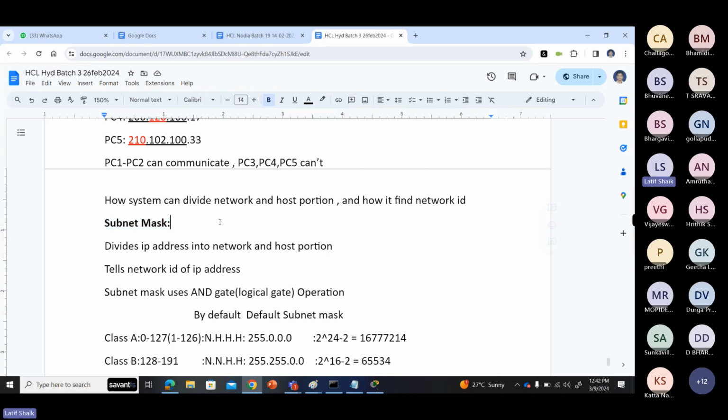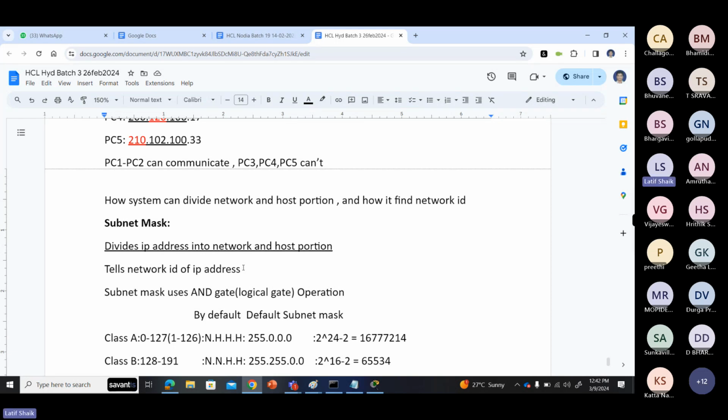Using the subnet mask, the system divides your IP address into network and host portions.